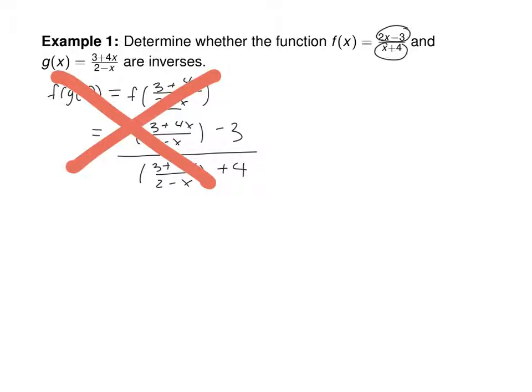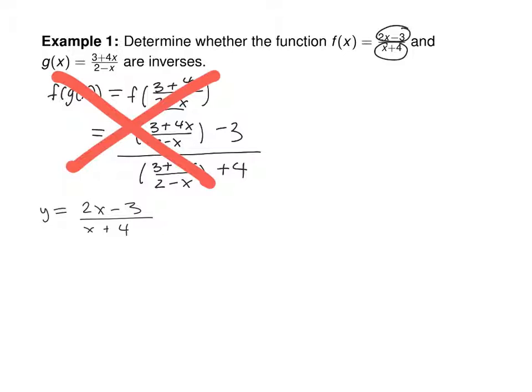The other way to verify that these functions are inverses, you could just take that function f and find the inverse and show that it is g. It's a little bit tricky, but it's not so bad. y equals 2x minus 3 over x plus 4.